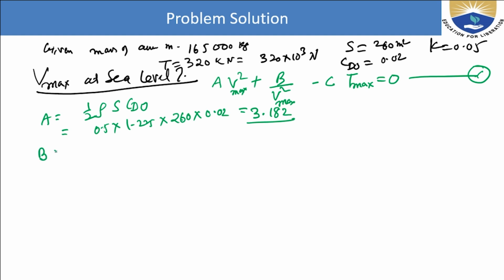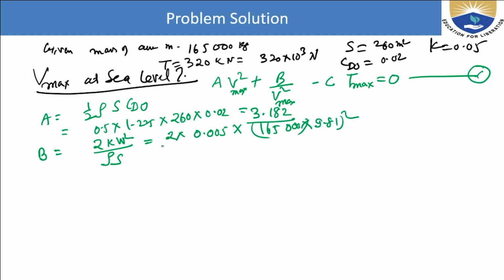Now to find B: 2K W square divided by rho S. 2 into 0.005, W is 165,000 into 9.81, squared, divided by 1.225 into 260.